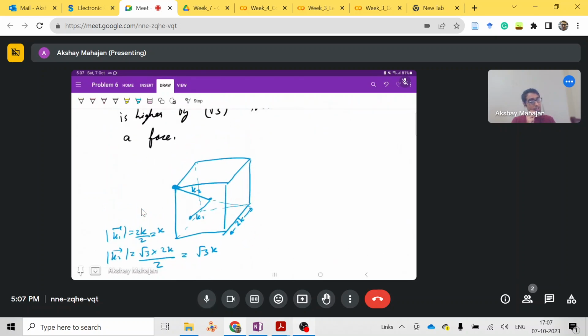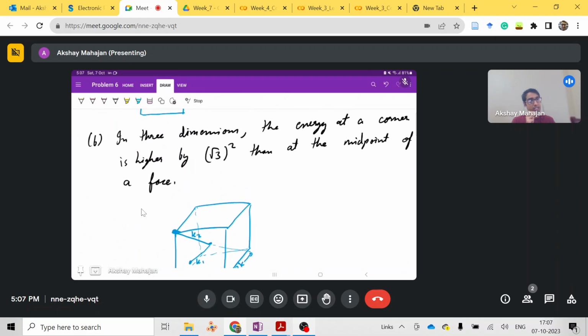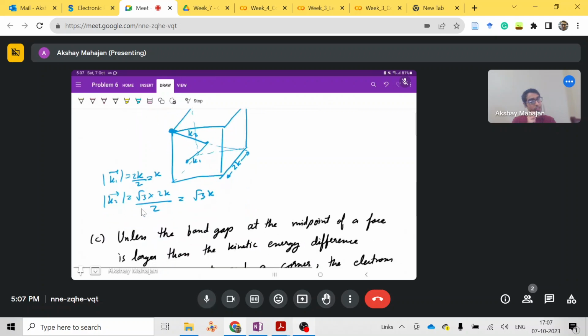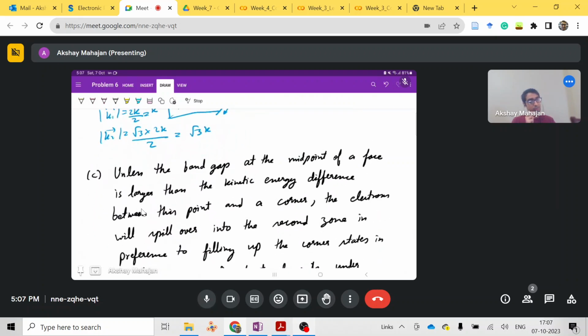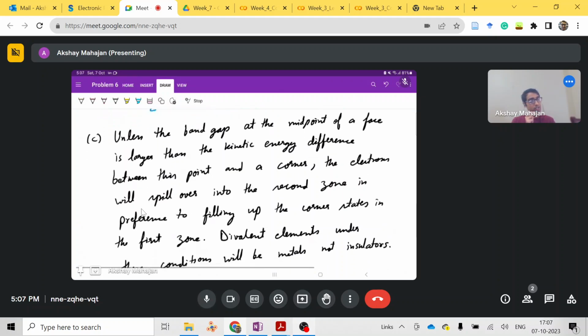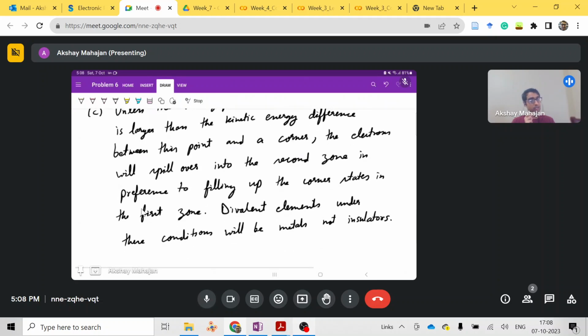Alright, so what we are saying is that because of this B condition, the kinetic energy of the electron at the corner will be 3 times that at any of the midpoints. So unless the band gap at the midpoint of a face is larger than the kinetic energy difference between this point and the corner, the electrons will spill over into the second zone in preference to filling up the corner states in the first zone.